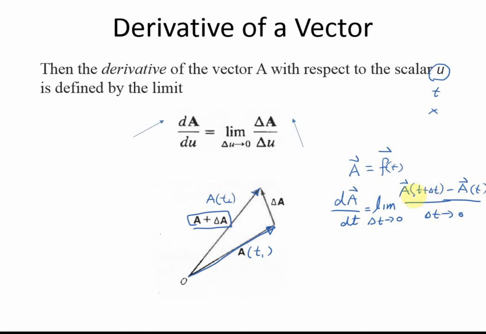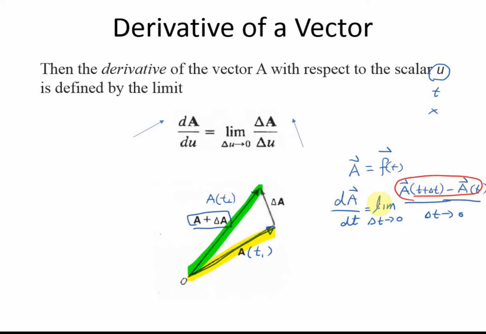If you look at these two vectors, this is the original vector when time is equal to t1, and a certain time later the vector changes its direction and magnitude like that. But if you look at this equation, you have to subtract your first vector from your second vector.